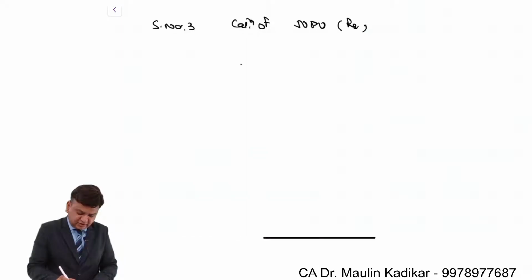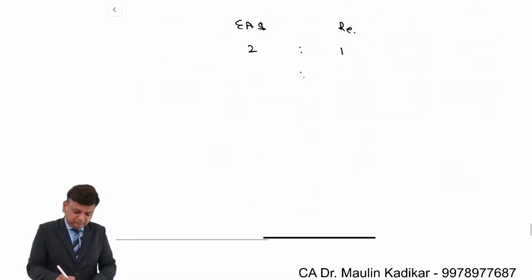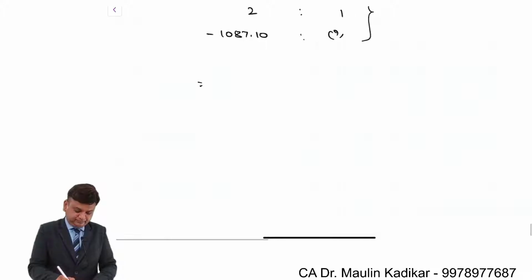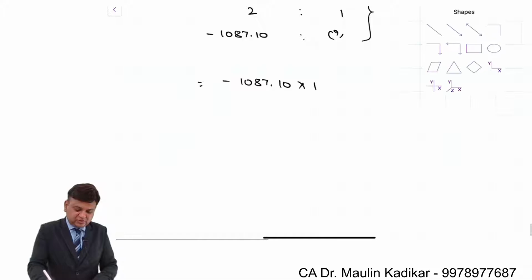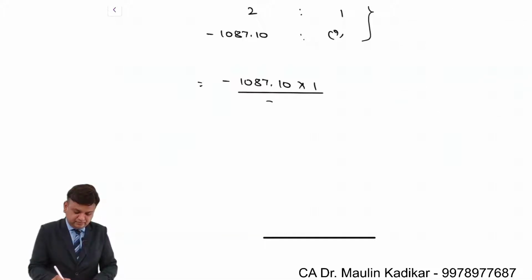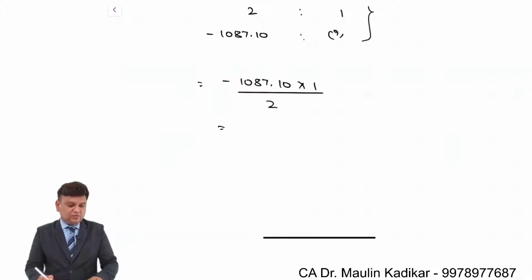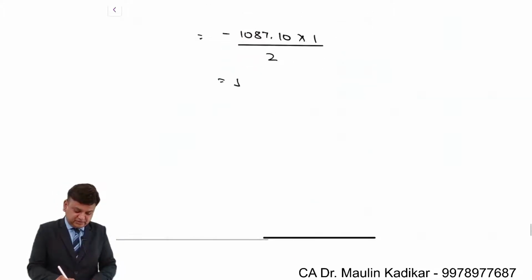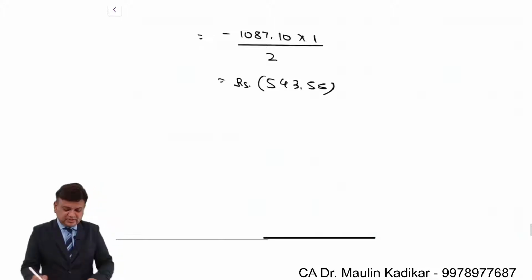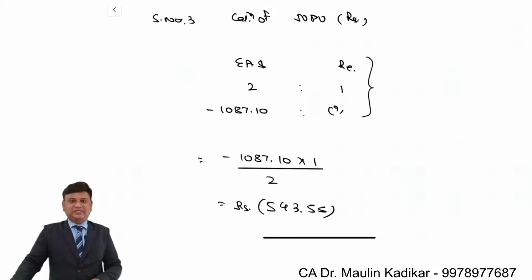So it is East African dollar and a rupee. 2 East African dollar is equal to 1 rupee. So 1087.1 East African dollar is equal to this amount of rupees. 1087.1 into 1 divided by 2. So the answer of that comes to 543.55 rupees. And of course, NPV of the project is negative, so the project is not worth accepting.